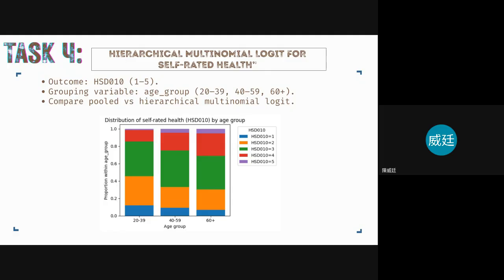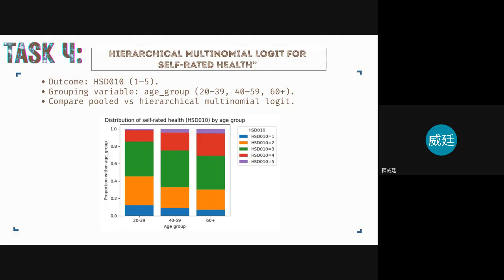The fair and poor categories are relatively rare. For the 40 to 59 group, the bars for 3 and 4 become higher. That means people shift towards the middle or worse health categories. For the 60 plus, the bars for 4 and 5 are clearly larger. So more people rate their health as fair or poor.